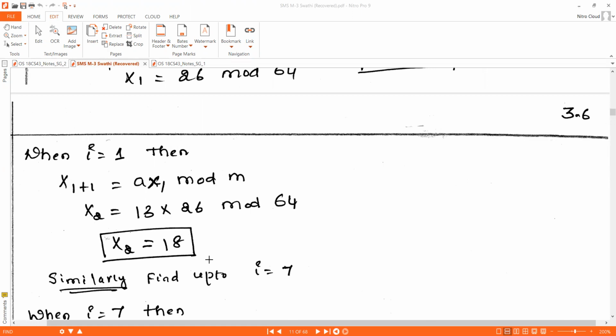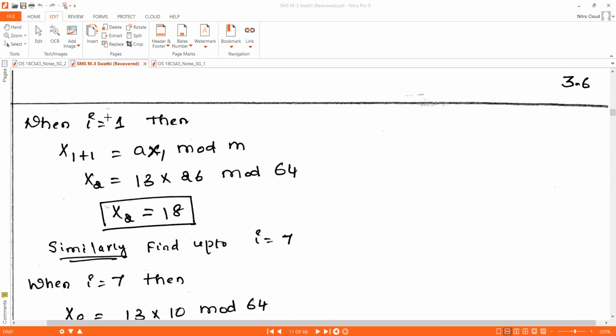When i equals 1, the formula is xi plus 1 is equal to a xi mod m. Wherever i is there, we'll substitute 1, so the formula becomes x1 plus 1, that is x2, is equal to a x1 mod m.